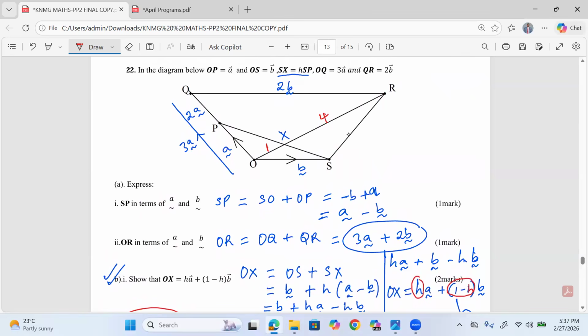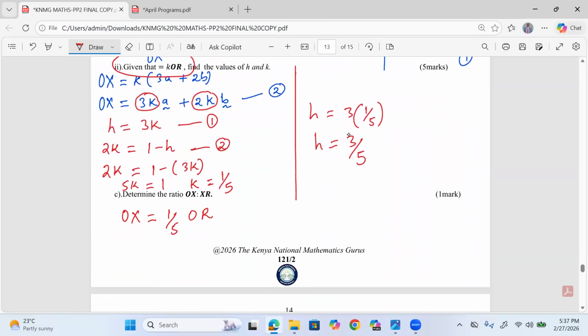And so we can say that OX to XR is 1:4. So OX to XR is 1 and 4 proportions. So that is the ratio. That is how you are supposed to state it.